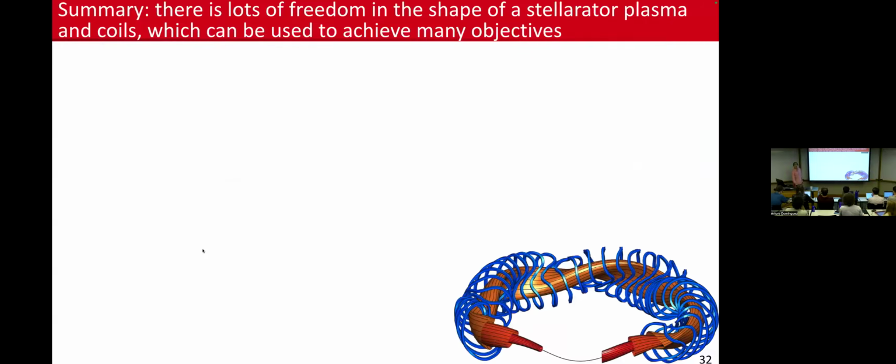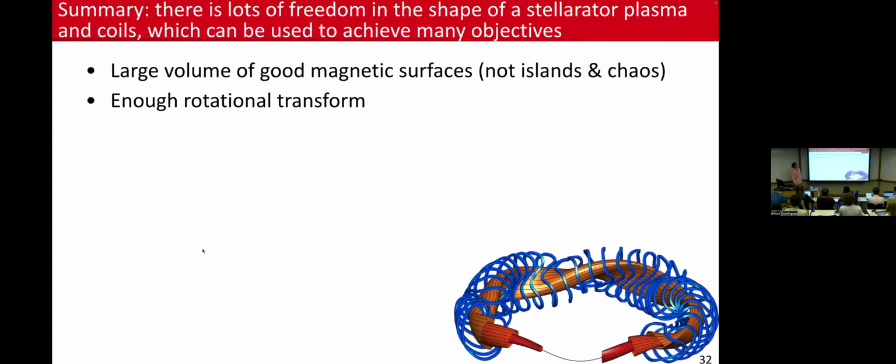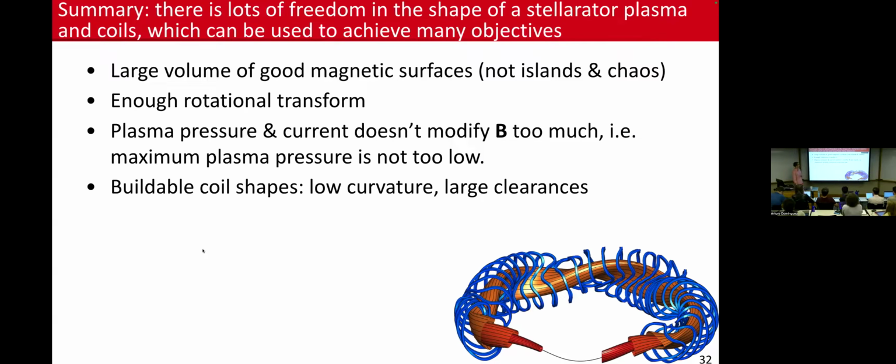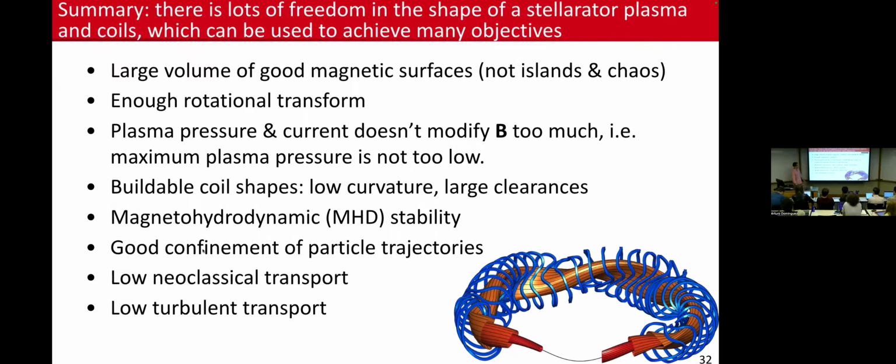Okay, so this is basically wrapping up here. To summarize, there's lots of degrees of freedom in the shape of the stellarator. We can use this to achieve really important physical objectives in stage 1. I'm just going to go ahead and list these. I didn't have time today to talk about some of the more advanced things, like using it to promote MHD stability, using it to reduce turbulent transport.